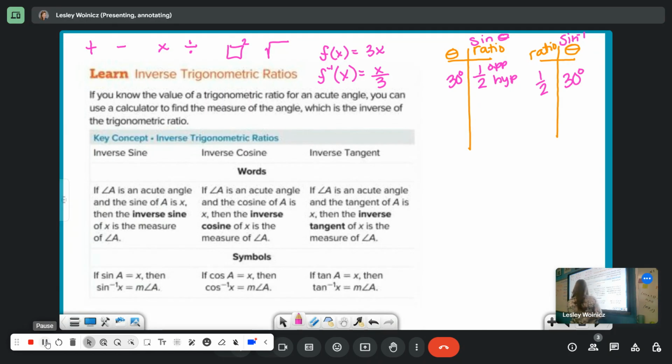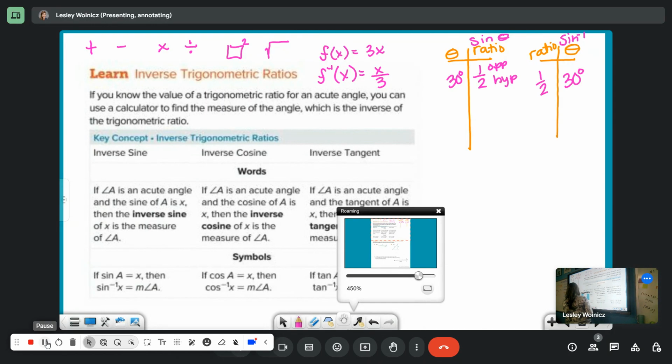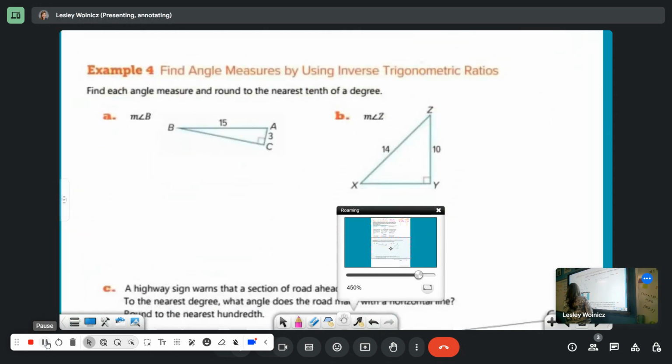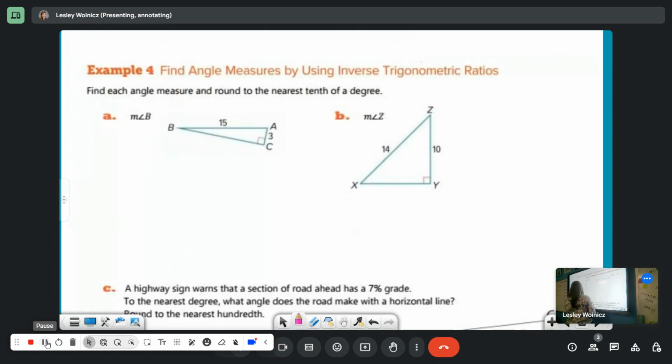Okay, so let's see how this works. We can go back and read those little paragraph blurbs after we've tried a couple, because I think they'll make more sense. So we're finding each angle measure, and we're rounding to the nearest tenth of a degree.